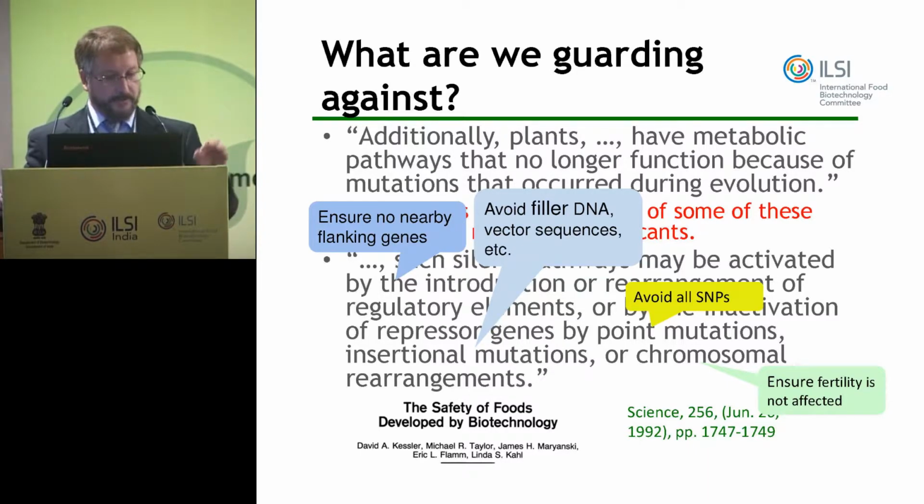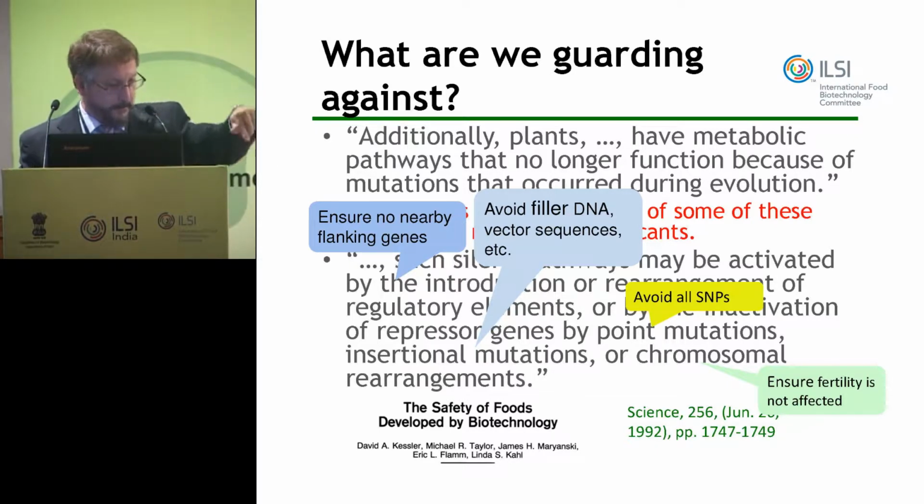But mutations that you make during the engineering process might activate these pathways by changing things, scrambling the DNA, by point mutations, those are SNPs, insertional mutations, the act of putting a transgene into the genome, or chromosomal rearrangements.